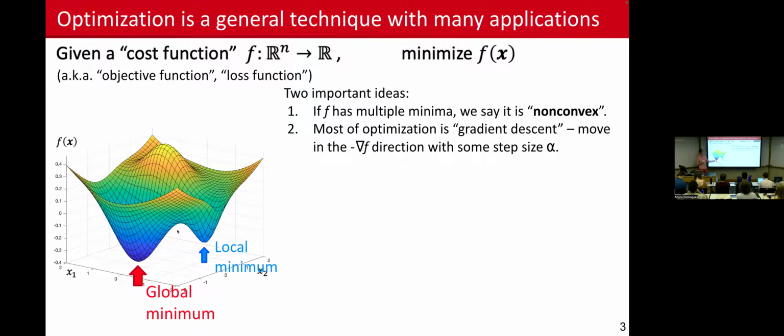Okay? If I started over here and took little steps, I would end up in this minimum. So one thing you'll find is when the objective is non-convex, these gradient descent methods or local methods don't guarantee you're going to get to a global minimum. In general, you're only going to find these local minima by taking these little steps downhill.